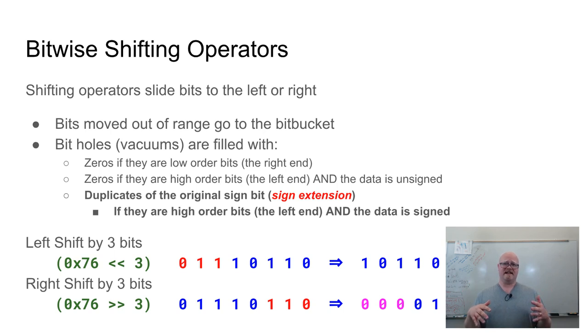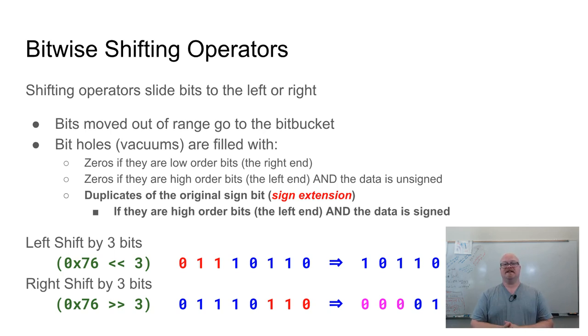Because if you have an 8-bit pattern and you slide all of the bits off to the right or off to the left 15 times, it's really unclear what the purpose of that would be, since you've effectively discarded all of your bit information. So when we slide bits around, we have two big problems.